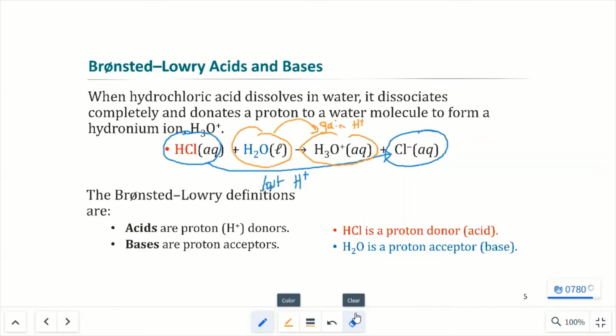And so that's what this is all about, helping us to identify acids and bases based on reactivity, not just, oh, it's NaOH, of course it's a base. Oh yeah, it is a base. It's a base because when it goes into the water, it takes the hydrogen away from water and deposits another hydroxide.